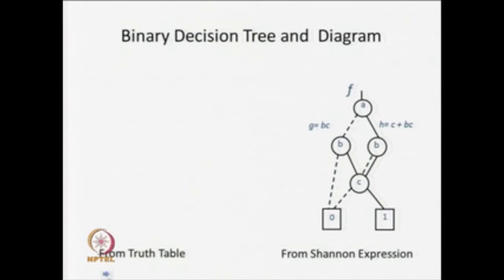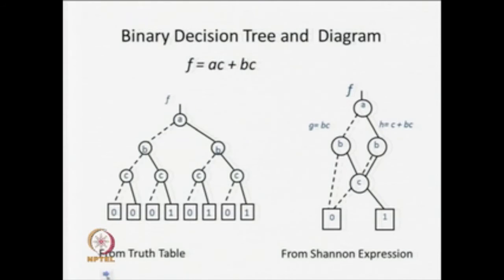Now, you just see what we have got. We are taking the function f equal to ac plus bc. From the truth table I get this diagram, which is the BDT, basically binary decision tree. And by using the Shannon expansion, I get this diagram, which is the BDD, binary decision diagram. Both these diagrams represent the same Boolean function, because you can traverse the graph and find the valuation of the function.